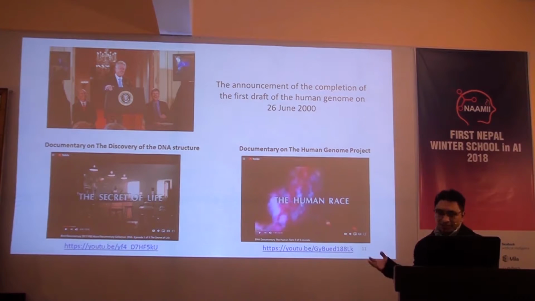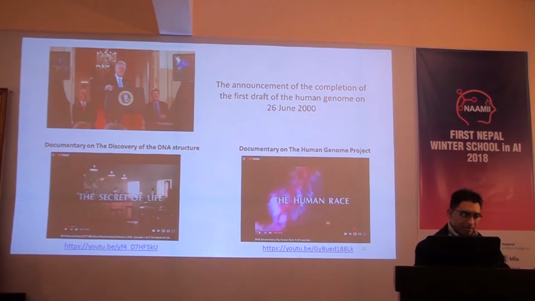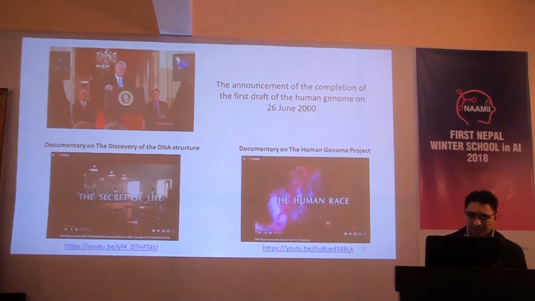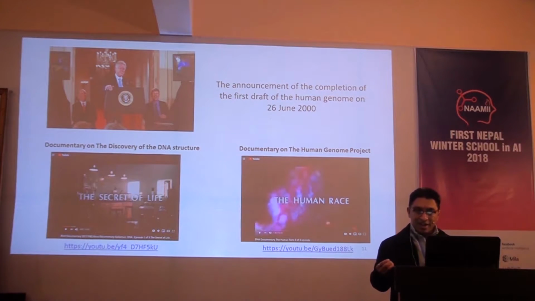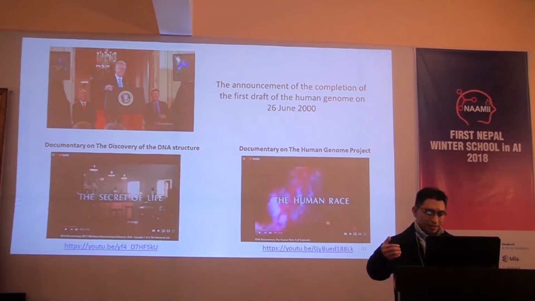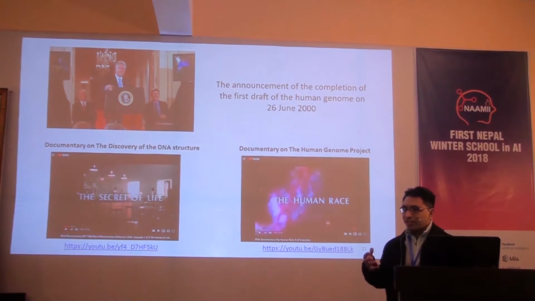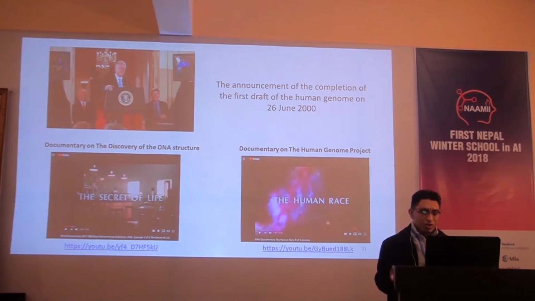This picture is from the announcement of the first draft in 2000, where President Bill Clinton himself announced that human beings were able to identify all the necessary instructions, the combinations of these nucleotides that make up a human being.